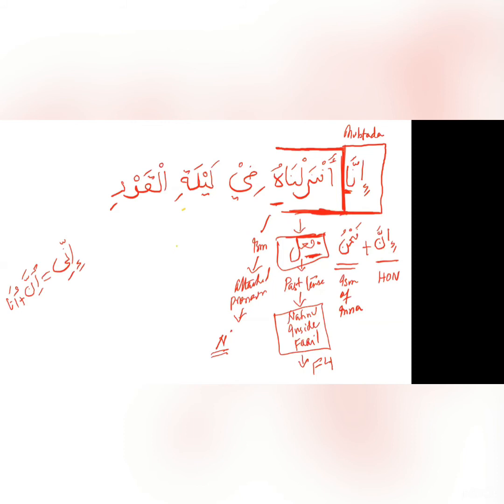Then singular, masculine, plural, proper. And because it is nasab attached to a fail, what will we call it? Maf'ul bihi. Yes, an attached pronoun to a fail will always be maf'ul bihi.